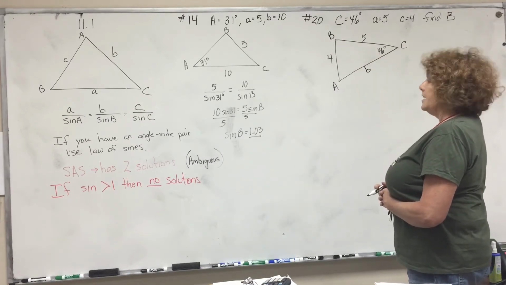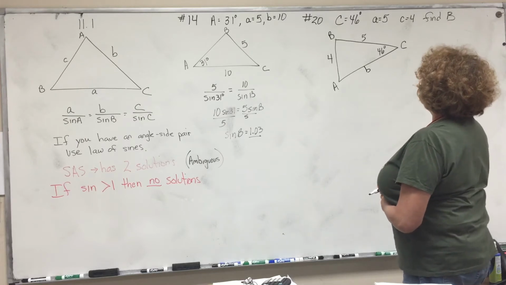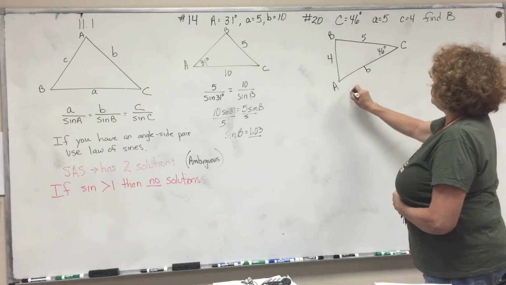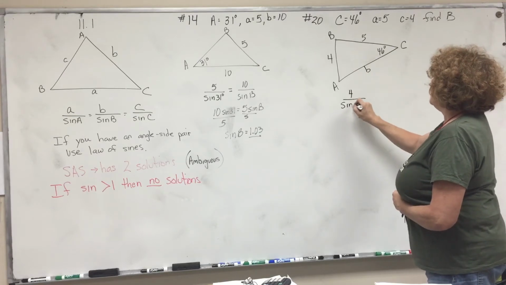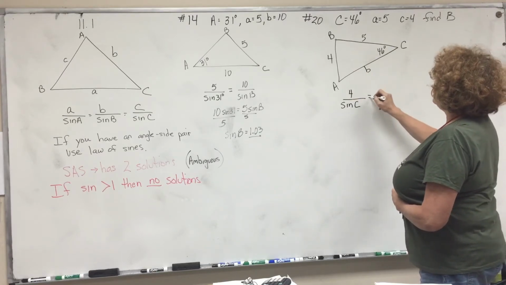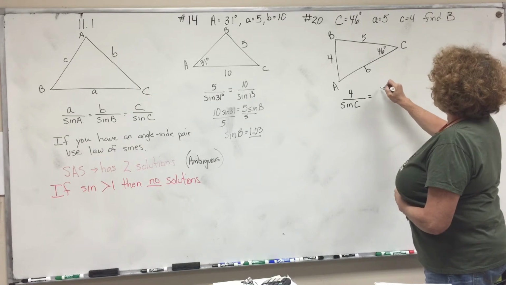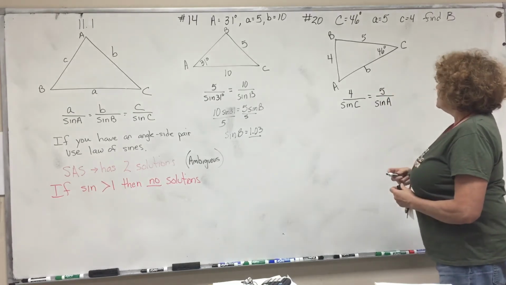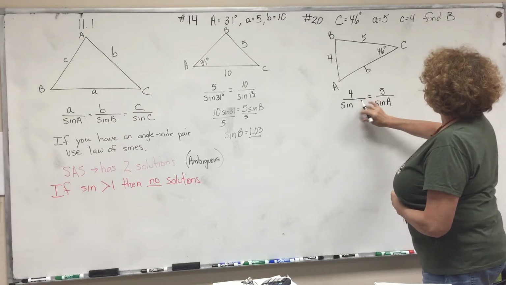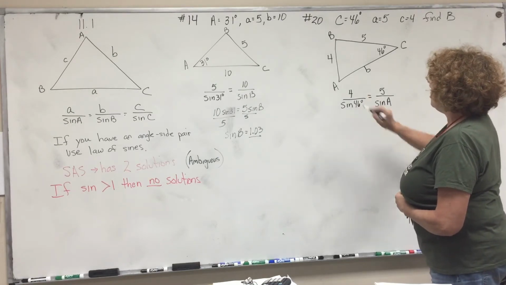So when we do this, we can go 4 over the sine of C equals 5 over the sine of A. C is 46 degrees, so we'll just put that in there.